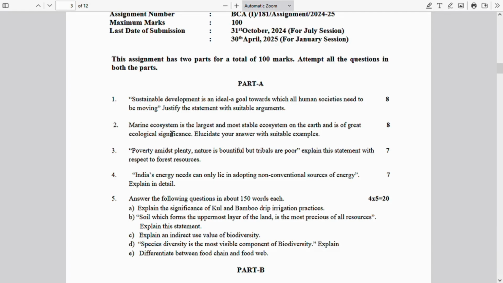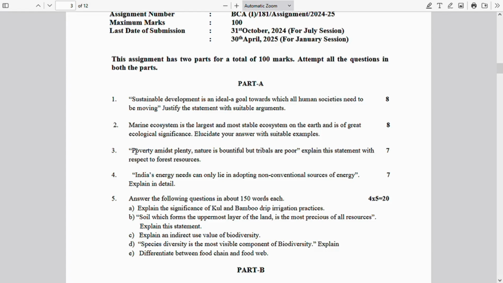For example, let's look at question number 3. Question number 3 says, poverty amidst plenty, nature is bountiful but tribals are poor. Explain this statement with respect to forest resource.